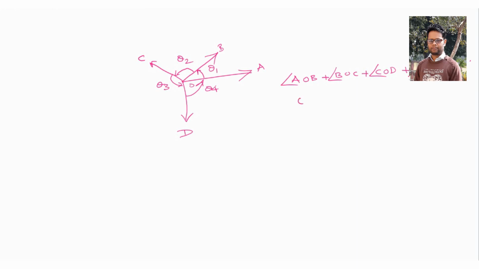That means theta 1, this angle, plus theta 2, this angle, plus theta 3, this angle, plus theta 4, this angle, is equal to 360 degrees. Okay, this is a very important point.